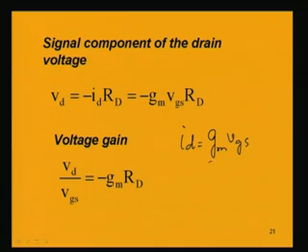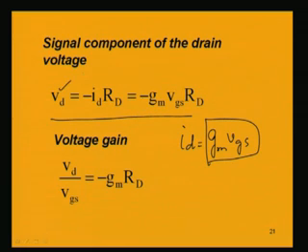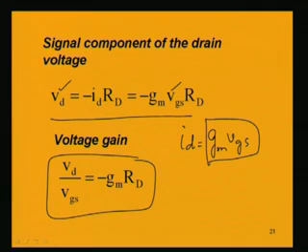Replacing the small id by gm into vgs, with Rd already there, we can now find the ratio between the output voltage, small v small d, and the input voltage, small v small gs. If you take the ratio between vd and vgs, we have minus gm Rd. So, this is the voltage gain of the MOSFET amplifier.